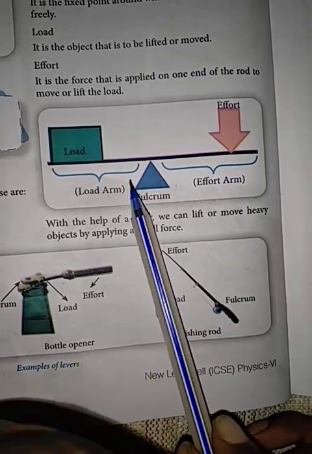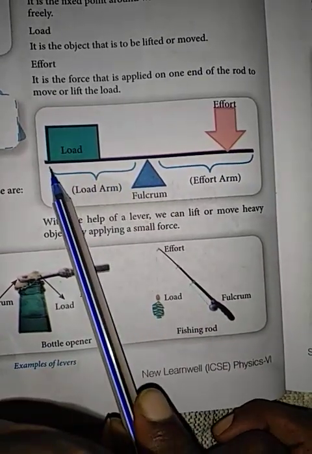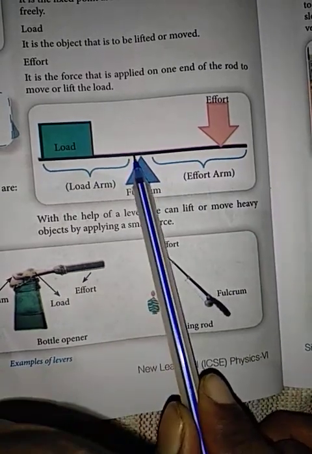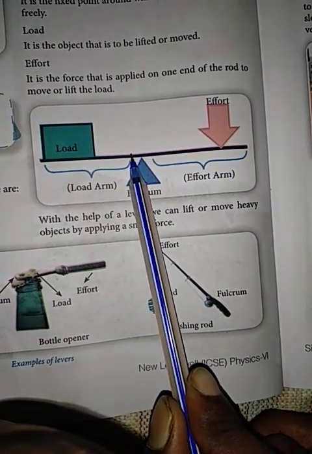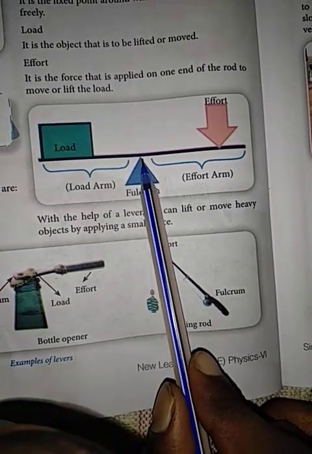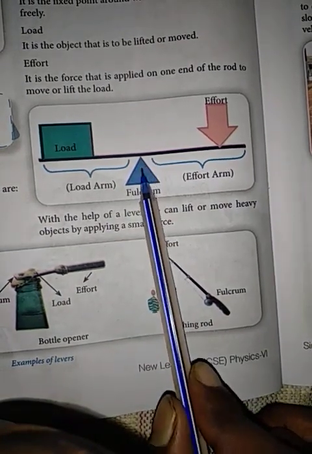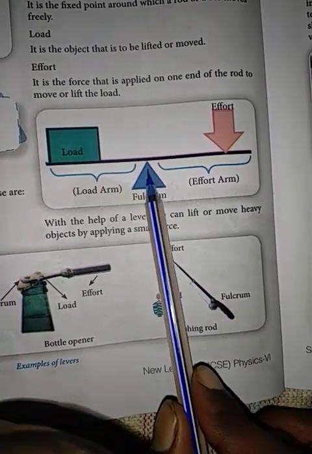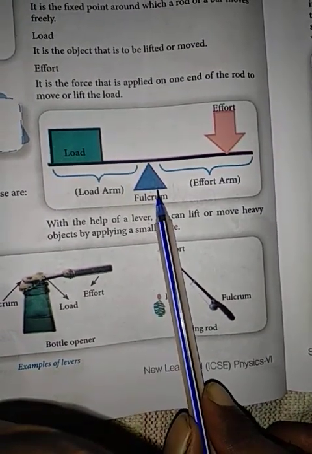Look at this figure. This is a rigid rod or bar, called the lever. That is the point where the rod rests and about which the rod moves freely, so it is called the fulcrum.